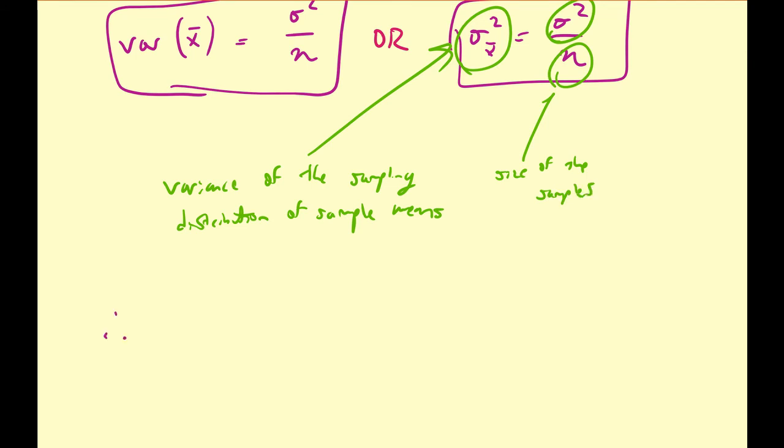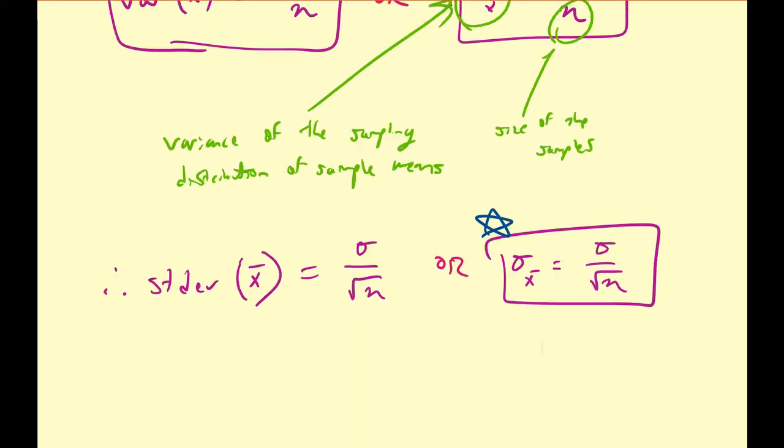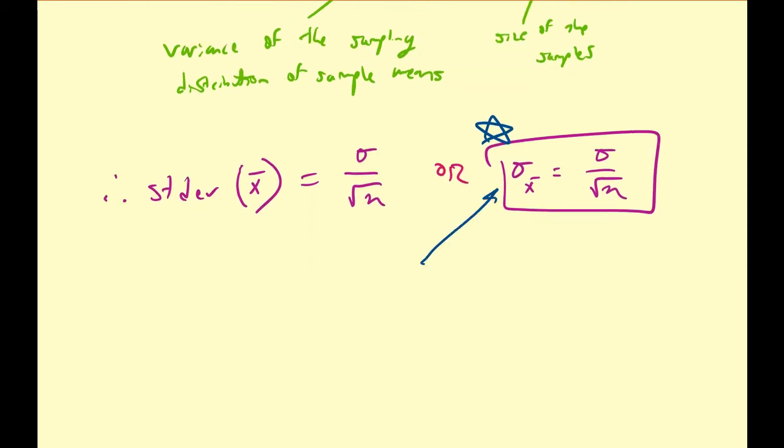So we can also get the standard deviation of the sample mean, just by taking the square root of the preceding equation. That's going to be sigma divided by the square root of n. Or we can write it in the more traditional way, namely sigma x bar is equal to sigma divided by the square root of n. Here, this is the standard deviation of the sampling distribution of sample means.